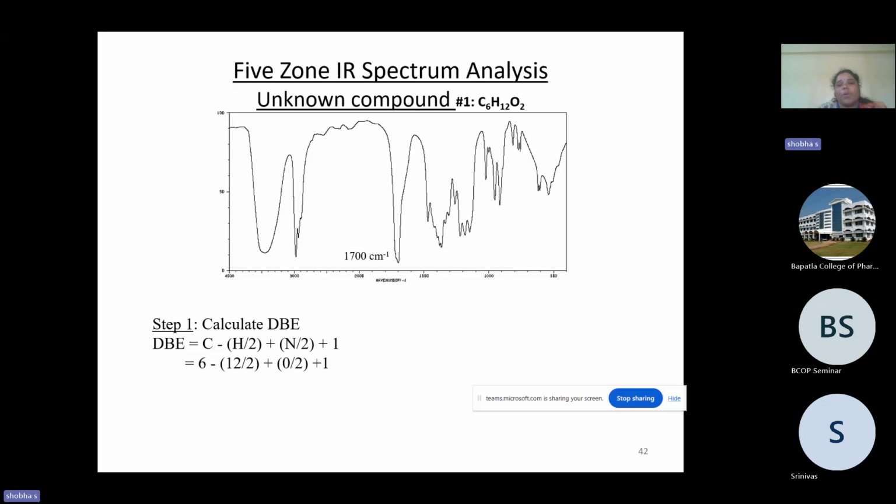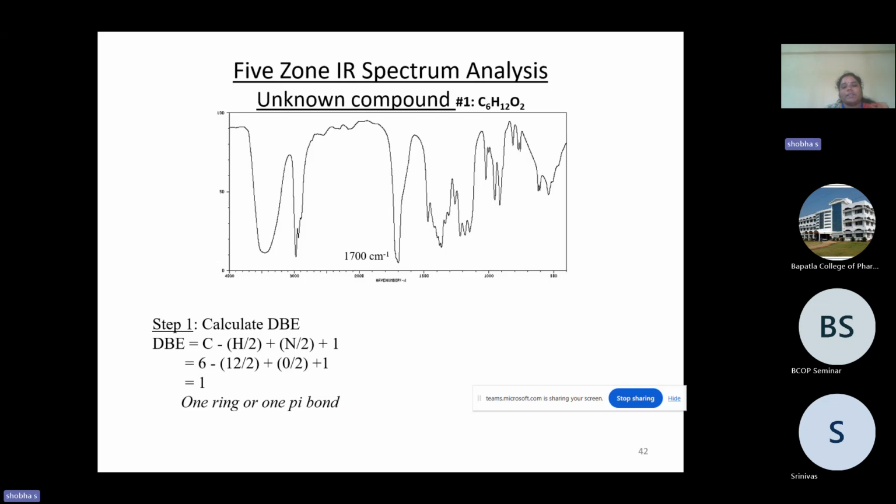So for this compound, what we are having is C6H12O2. So 6 carbons, 12 hydrogens as well as 2 oxygens. By substituting, we are getting 1, which means it has 1 double bond. So we can derive the structure by seeing the peaks present in the IR as well as the molecular formula.